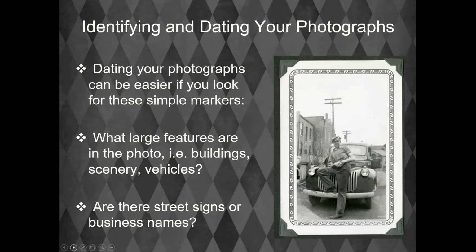So if you weren't lucky enough that that information was passed down, how do you break it up? How do you begin the process of dating and identifying photos? You could do it a couple of different ways. If you're dealing with loose photographs, somebody just hands you a box and it's not in any particular order, then I would probably begin to split it up into eras. So what does that mean?